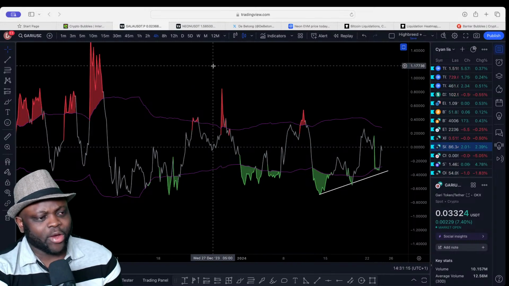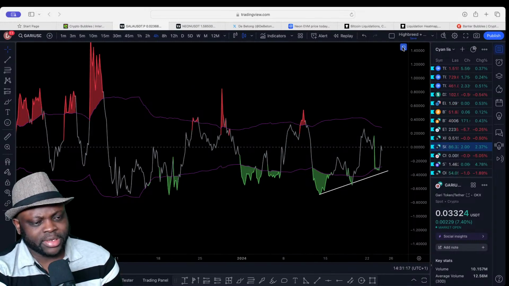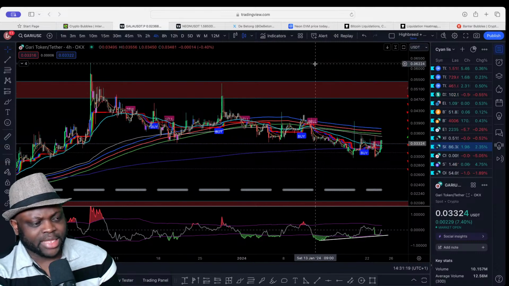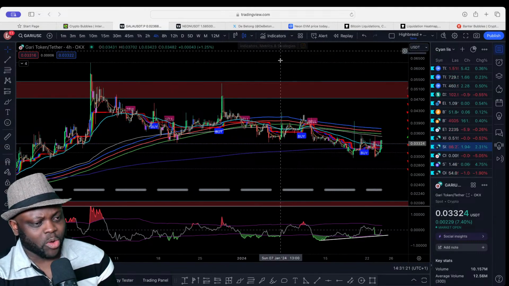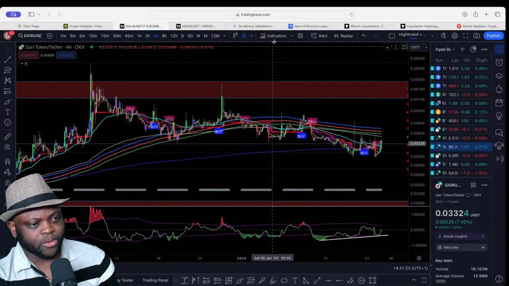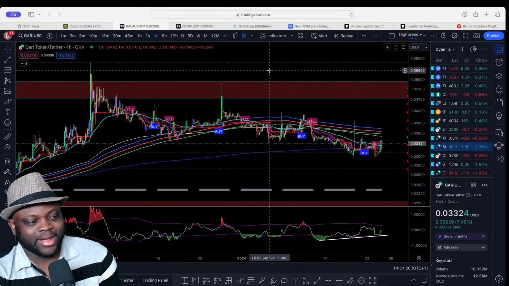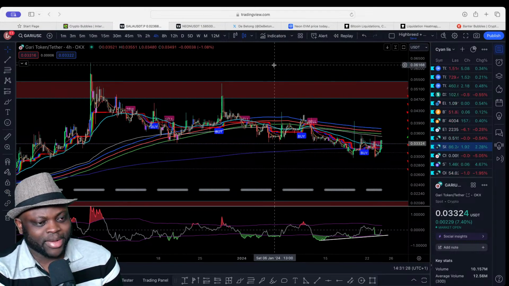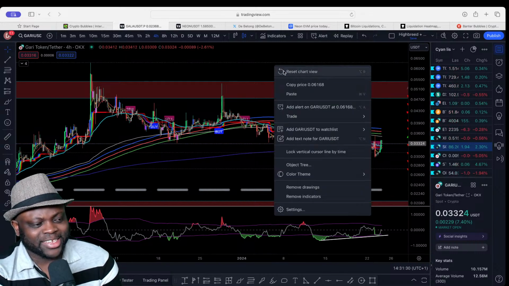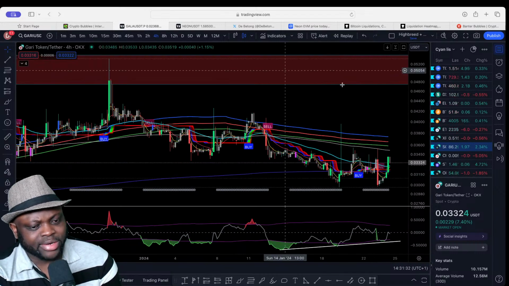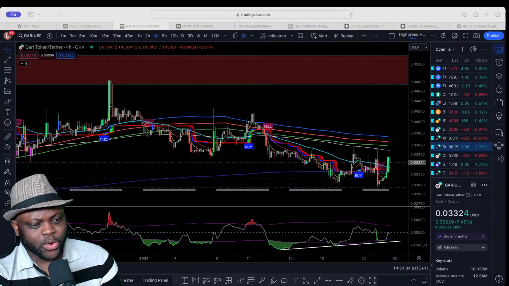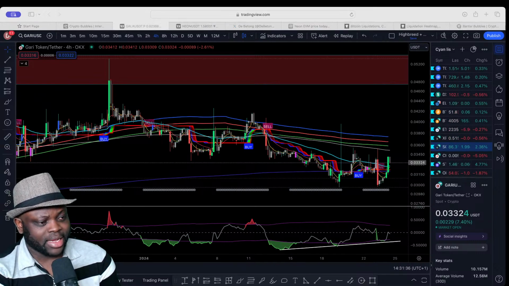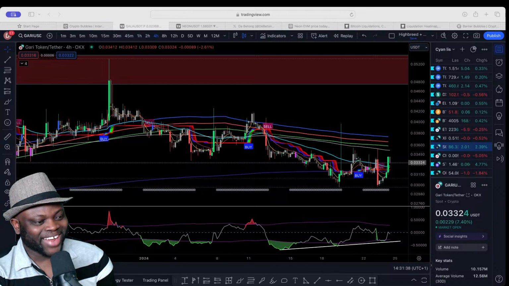So this is how I go about doing my stuff with these indicators. You can go and get this indicator on TradingView. They are all free. You won't pay anything, but it helps me a lot to eliminate the noise out there in the market. So I don't know if you're able to get some value here with Gary.